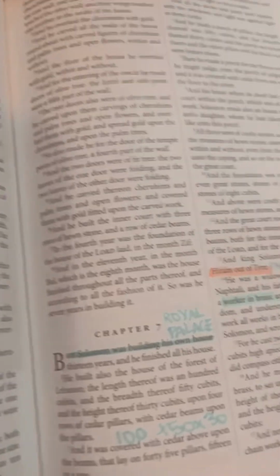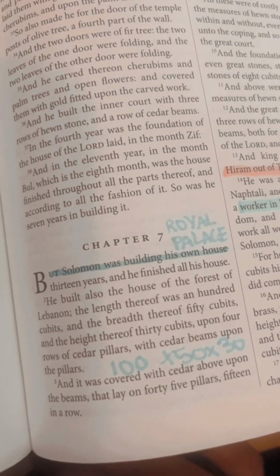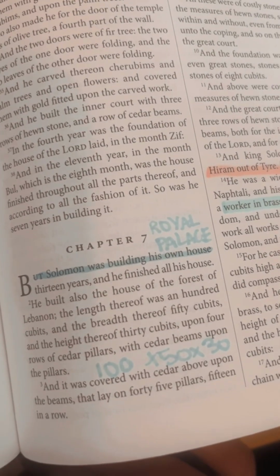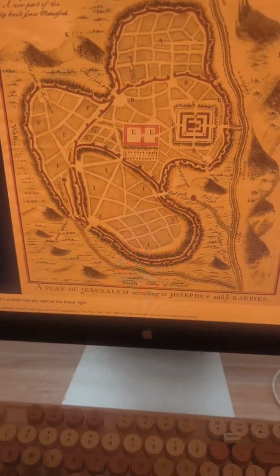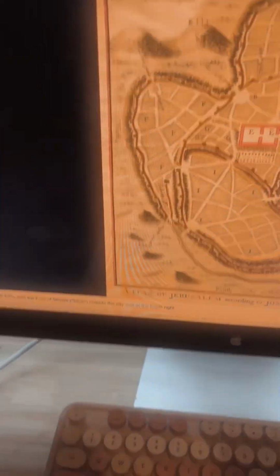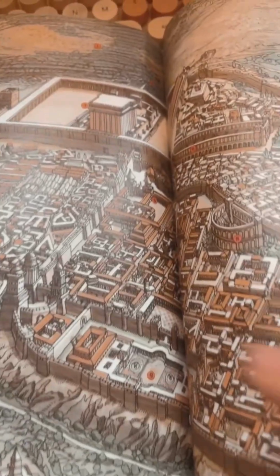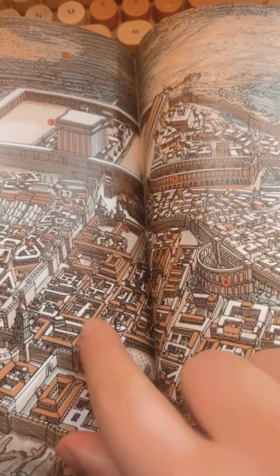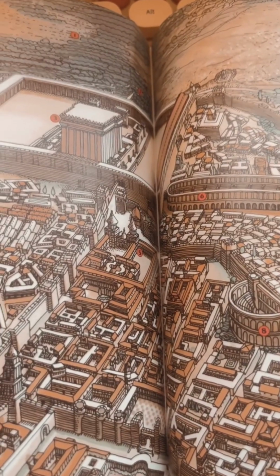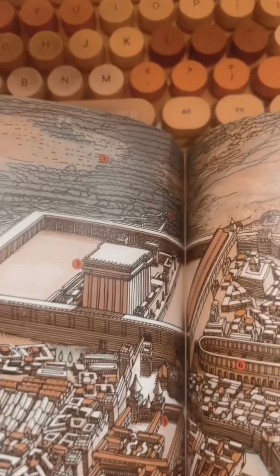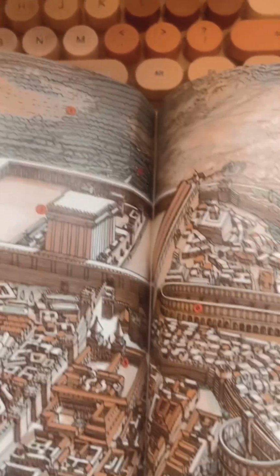But in the next chapter, it says Solomon was building his own house for 13 years, and he finished all his house. And that's E. So it's probably around here where he's building all of this. He decides to make his house, which is now called the palace, next to the Lord's house.